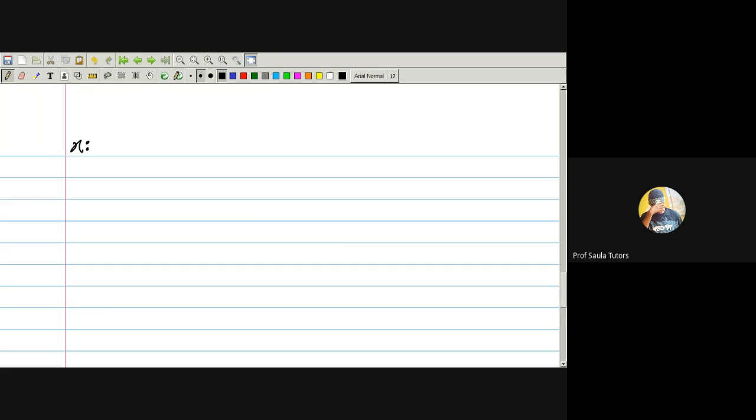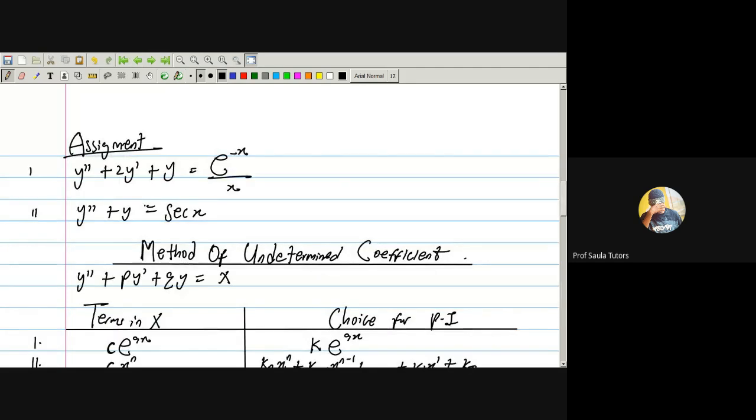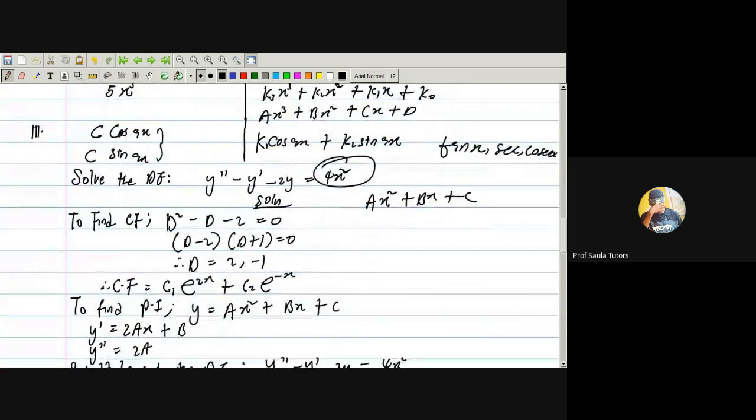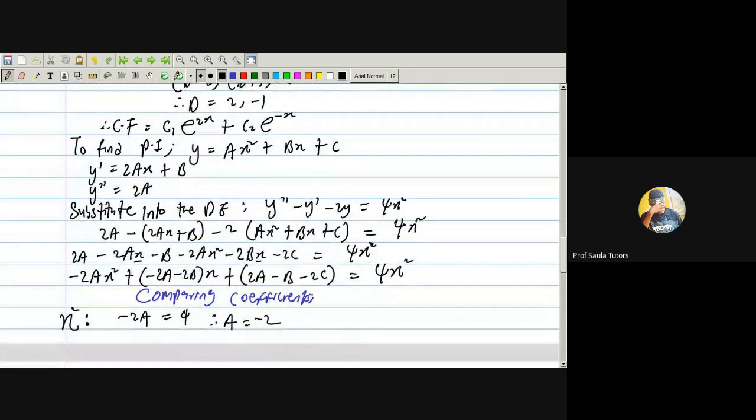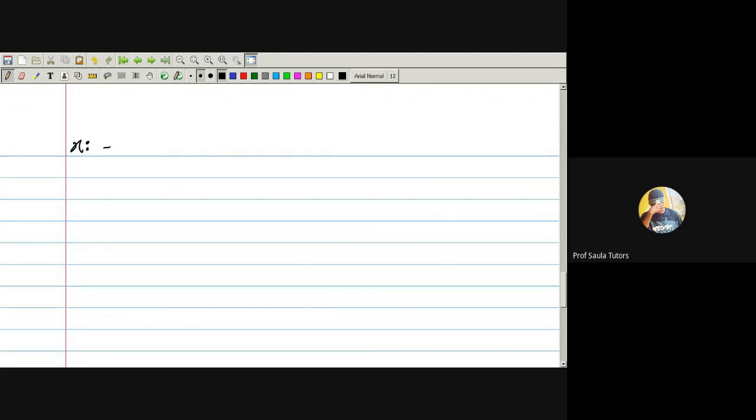What do you have? Minus 2a minus 2b equals what here? There's no x term on the right, so it equals 0. Minus 2a minus 2b equals 0.